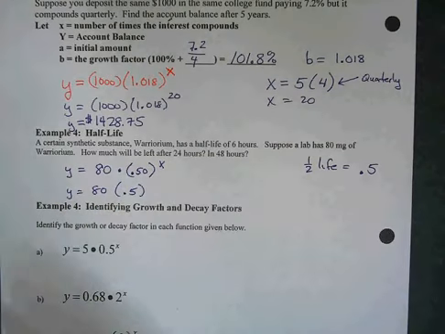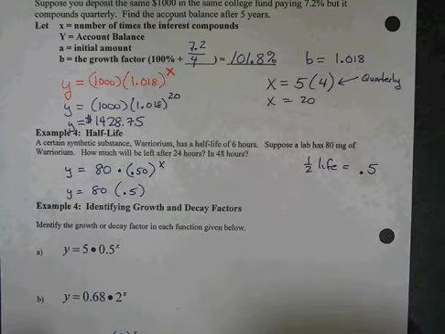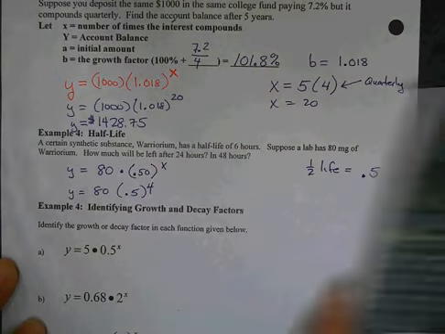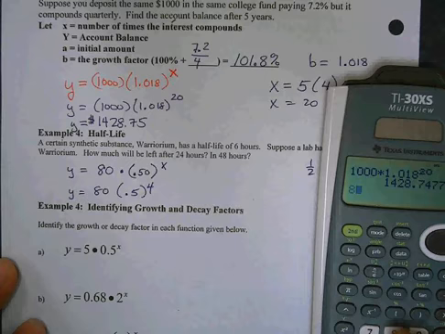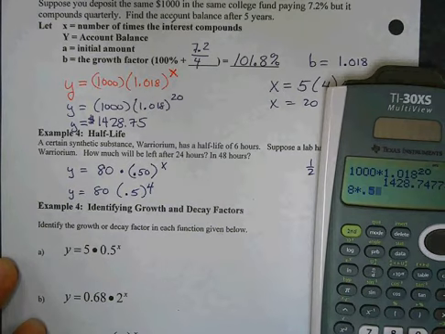What's the half-life? What does it say? 6 hours. So how many times is this going to occur? 4 times. So I raise it to the 4th. So plug it in. 80 times 0.5 raised to the 4th.